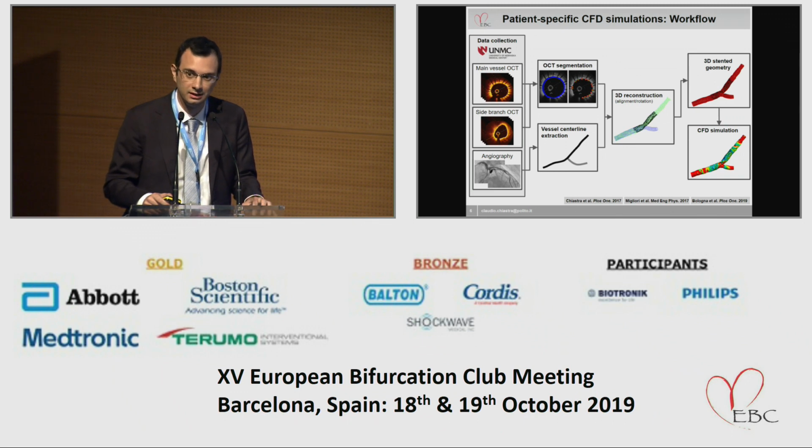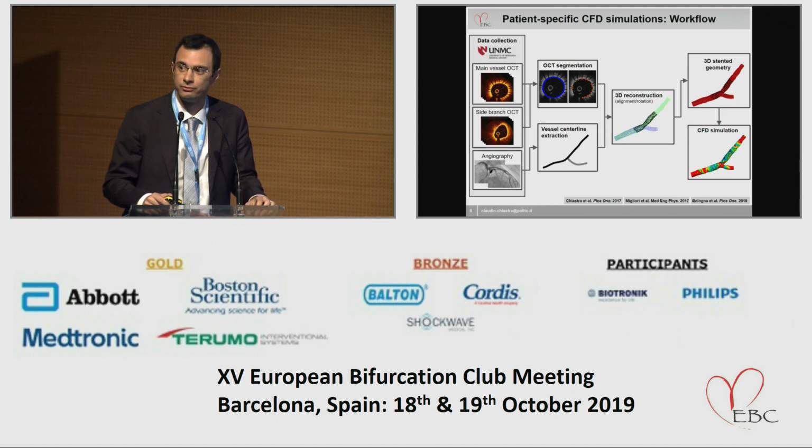Starting from the OCT images of the main vessel and the side branch, we segmented the lumen contours and the stent struts, and at the same time, we extracted the vessel center lines from two angiographic views. Then we placed the lumen contours and the stent struts orthogonal to the vessel center lines to obtain the 3D stented geometry.